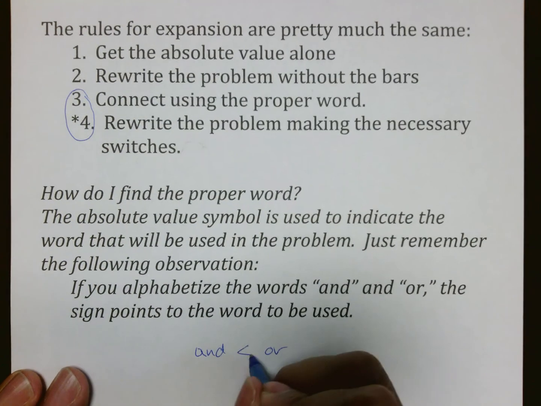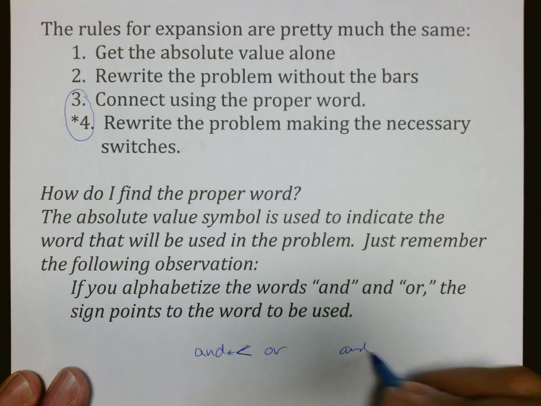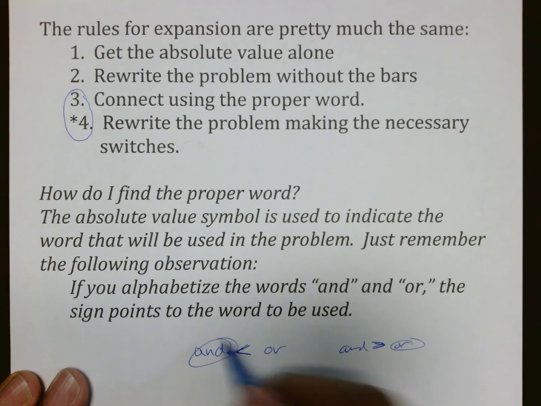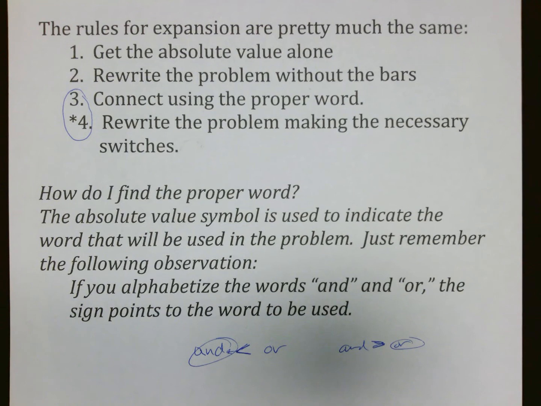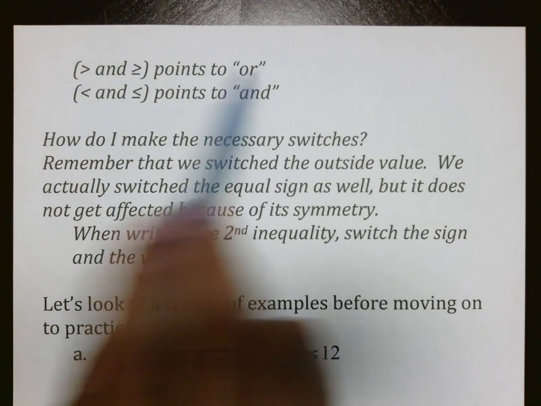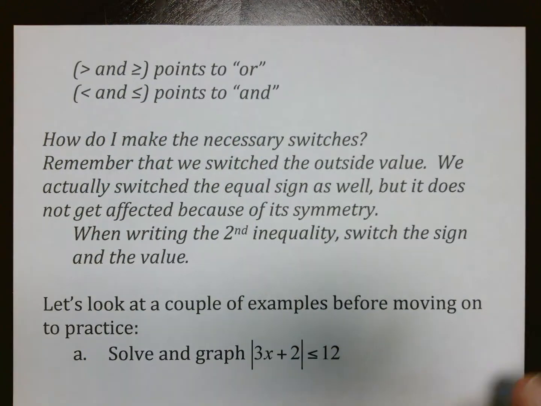If you notice, this symbol points to "and." If you notice, this symbol points to "or." And so that's how you can use it. But you have to have that observation in your memory whenever you do it. So again, these two symbols point to "or" because they point to the right. These two symbols point to "and" because they point to the left.